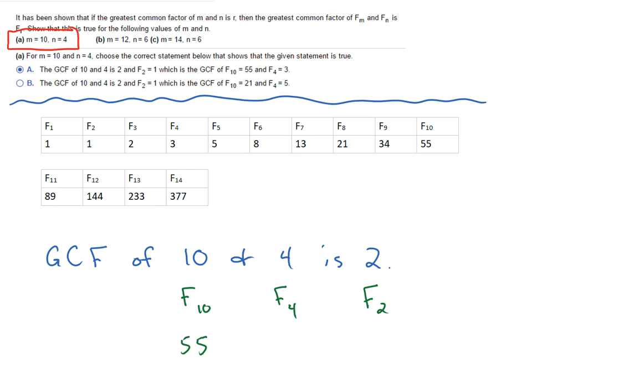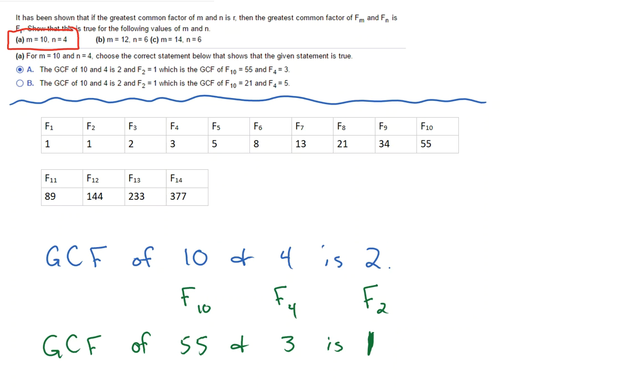F sub 4 in the chart is a 3. And then f sub 2 is a 1. So then the statement becomes the GCF of 55 and 3 is 1, and that's true because there's not really any numbers that divide into 55 and 3 except for 1. So that's a true statement.